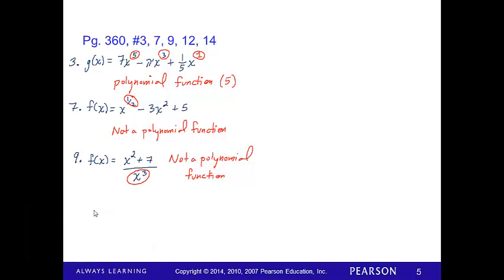All right, let's move on down to number 12. And it says, identify which graphs are not those of polynomial functions. So number 12 has a graph that looks like the following.